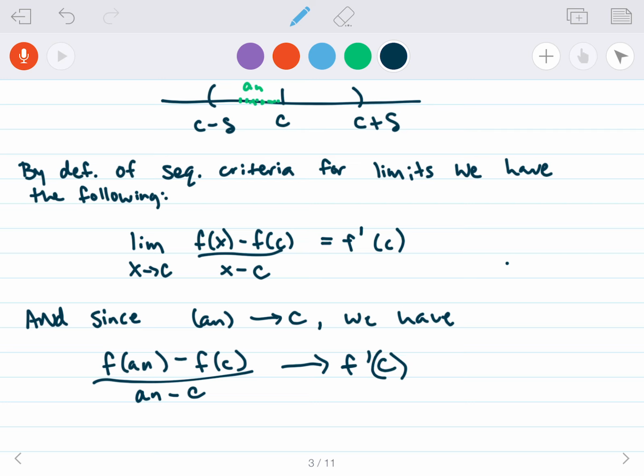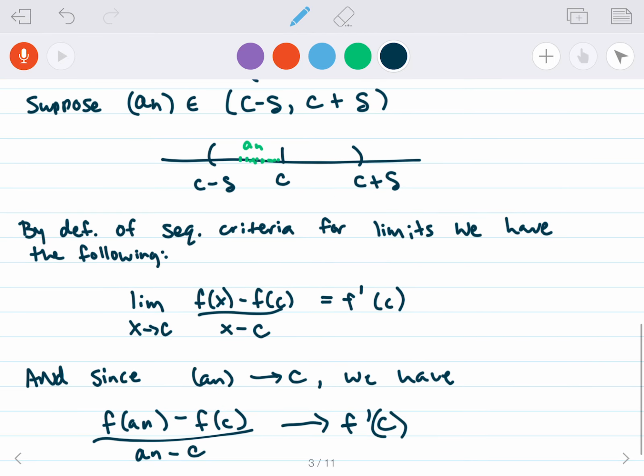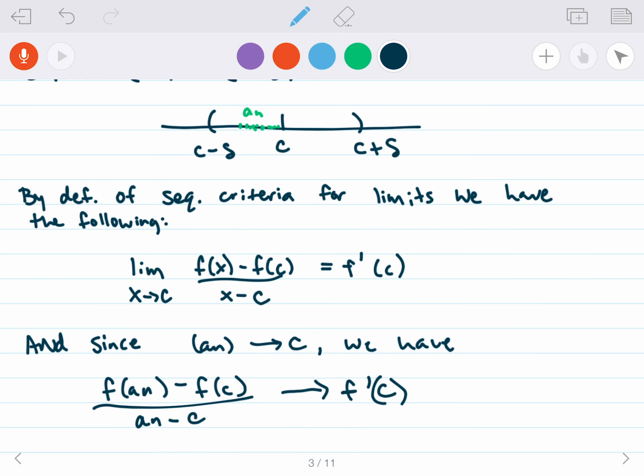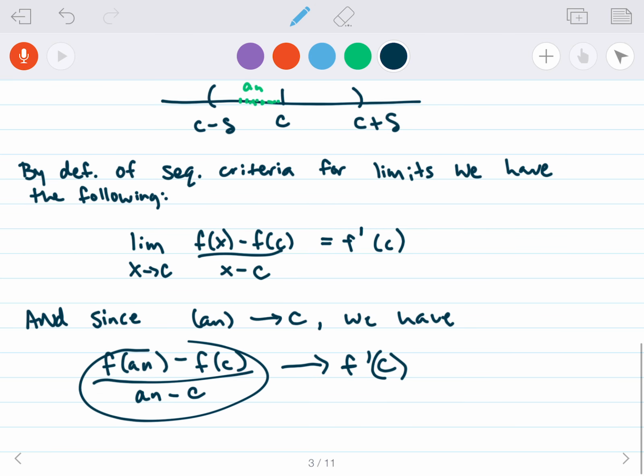Okay, and this is just by sequential criteria for limits. All right. So what do we have here? So we have that for each n, f of a sub n minus f of c over a sub n minus c is going to be what?